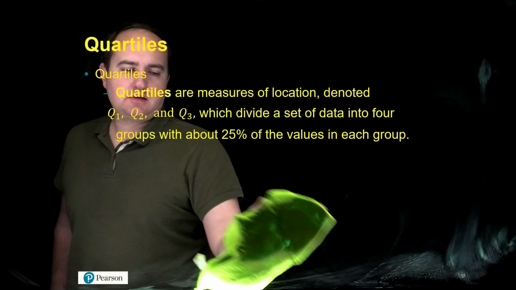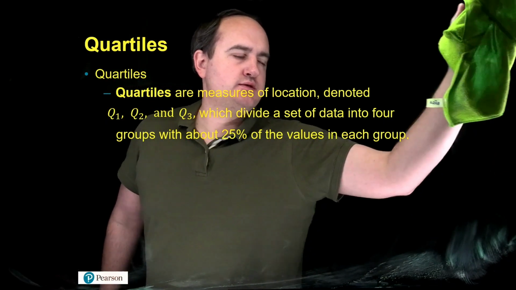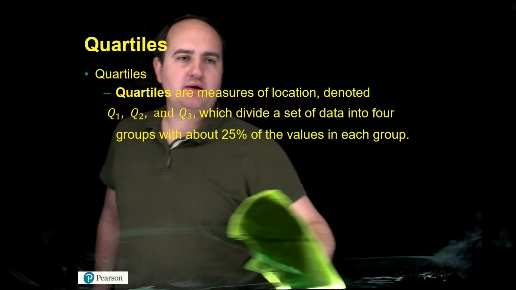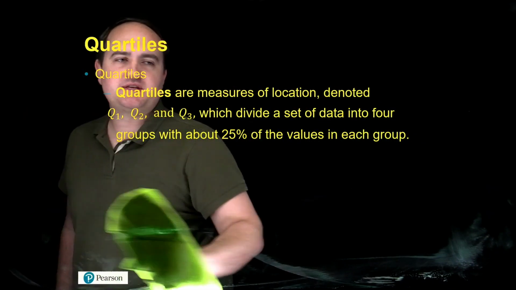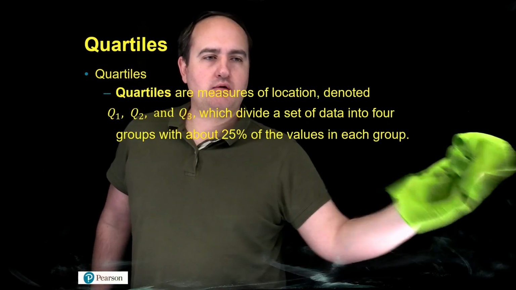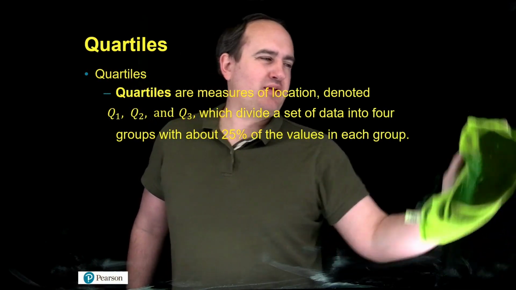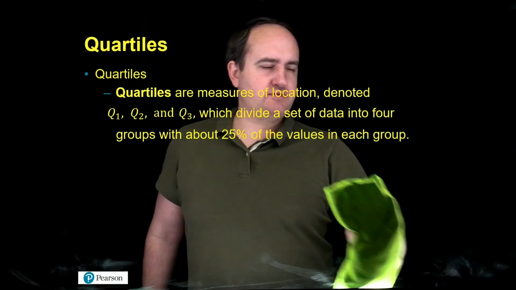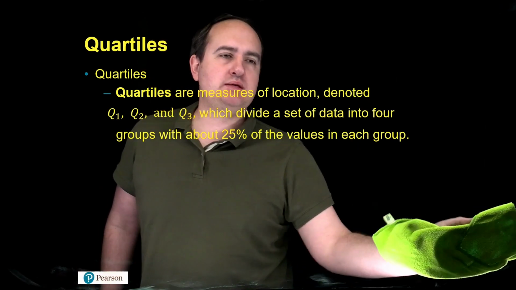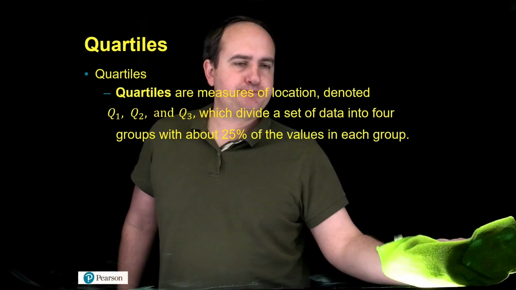Really, the answer is just, even though there are only 3 of them, they still divide the set of data into 4 groups. So they still are a lot like quarters in that 4 quarters gives us $1. It's just there are only 3 of them, and we'll see why in just a second.